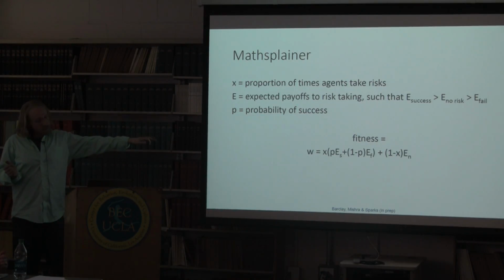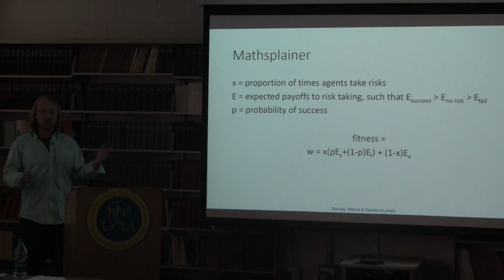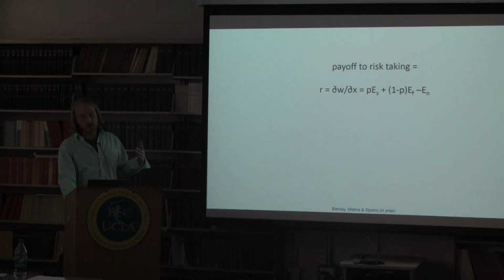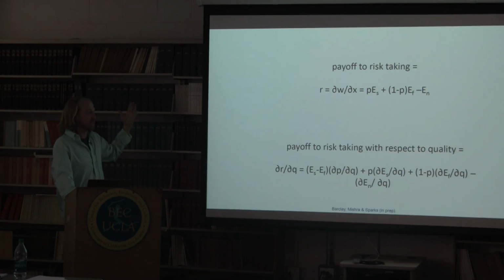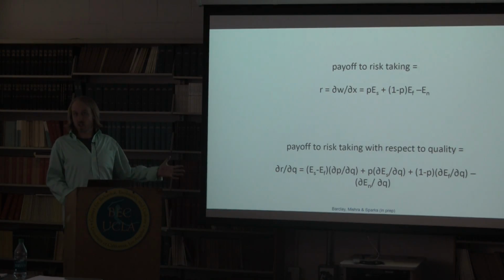So then with your fitness equation, you can ask, okay, how does risk-taking impact fitness? So you take the derivative of fitness with respect to risk-taking, you get this equation, and then you think, okay, well, if my payoffs are somehow based on quality, that's what the ability-based risk-taking intuition is about, sometimes high-quality risk-takers, sometimes low-quality risk-takers. You take the derivative of this with respect to quality, and then you've got a big, long, complicated equation. But what you can do now is start plugging assumptions into the equation and start probing it.